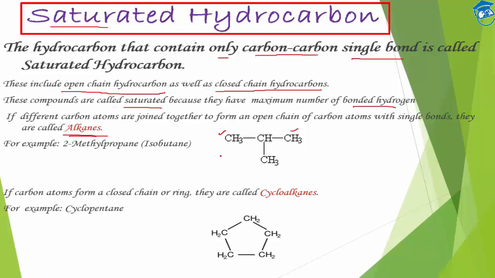Similarly, if the ends of the carbon atoms are attached, then it will form a closed ring or a closed chain, and it will be known as cycloalkanes. For example, cyclopentane.